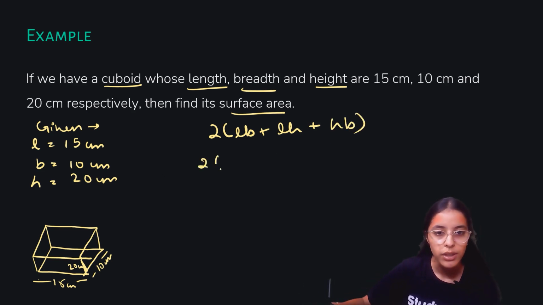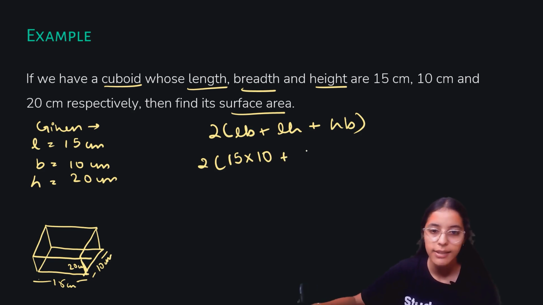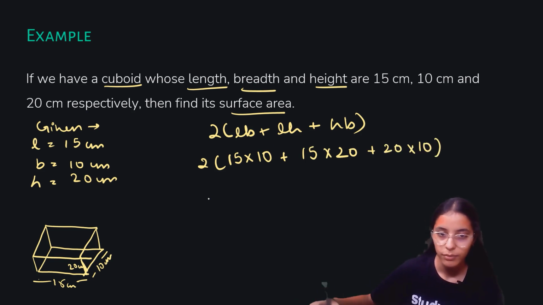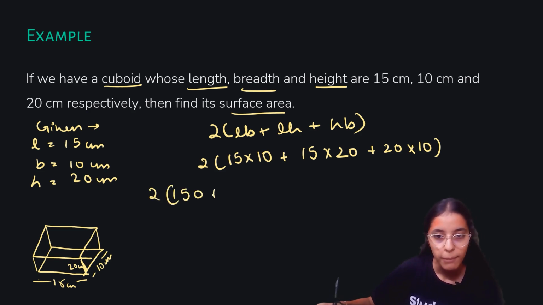Now 2 into L, which is 15, multiplied by B, which is 10, plus L, which is 15, into H, which is 20, plus H, which is 20, into B, which is 10. Now 2 into 150 plus 300 plus 200.